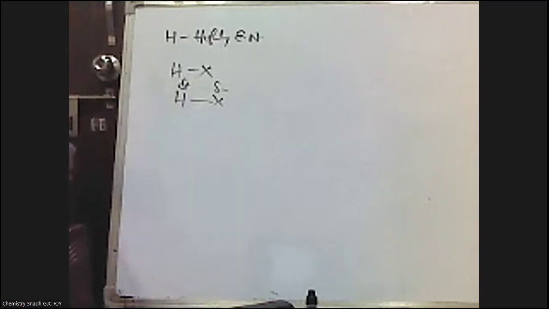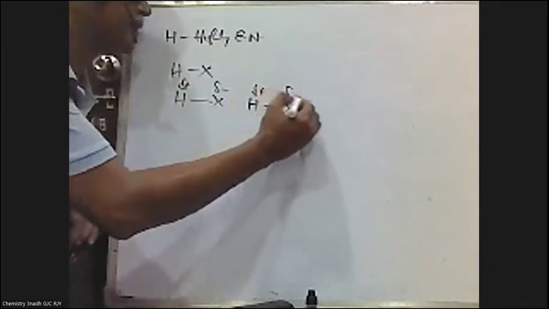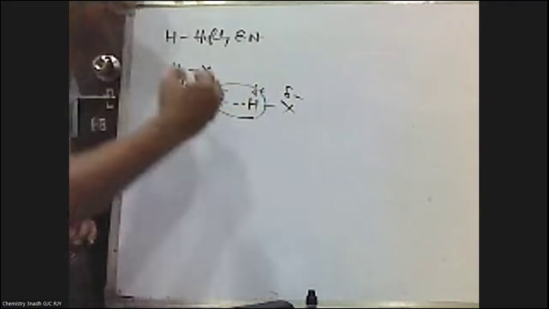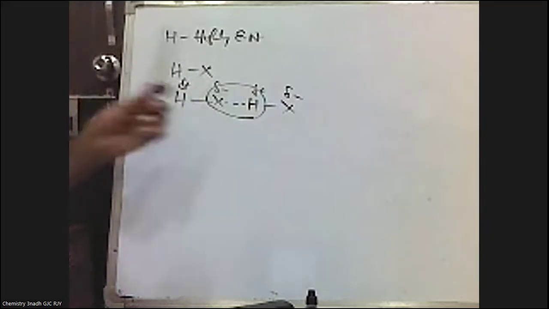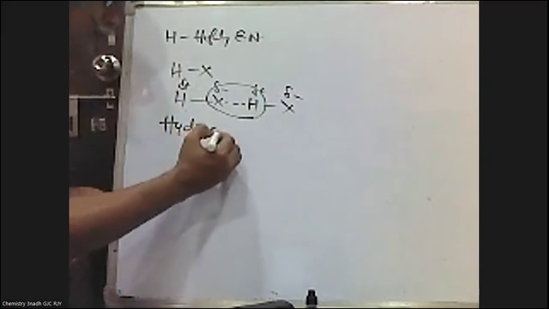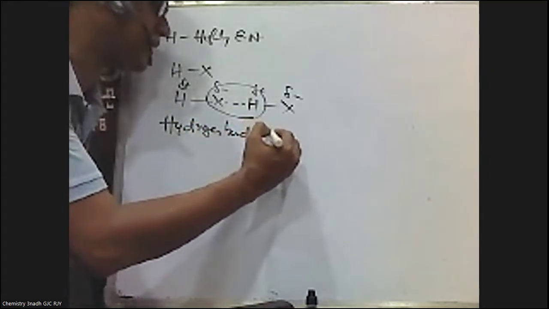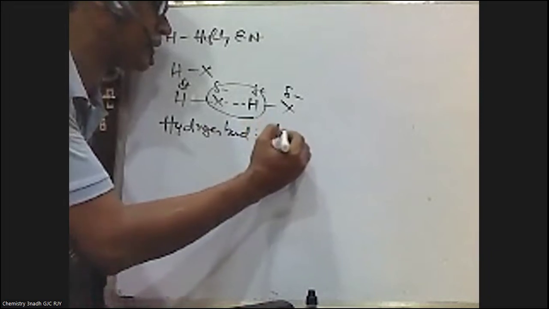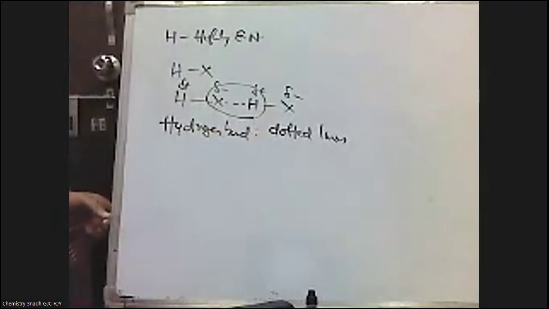So the electrostatic attraction between these two oppositely charged ions, we are calling it the hydrogen bond. Hydrogen bond is represented by dotted lines.